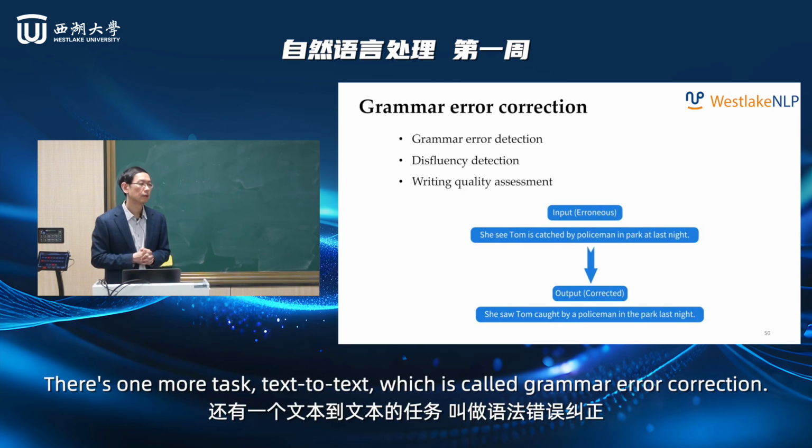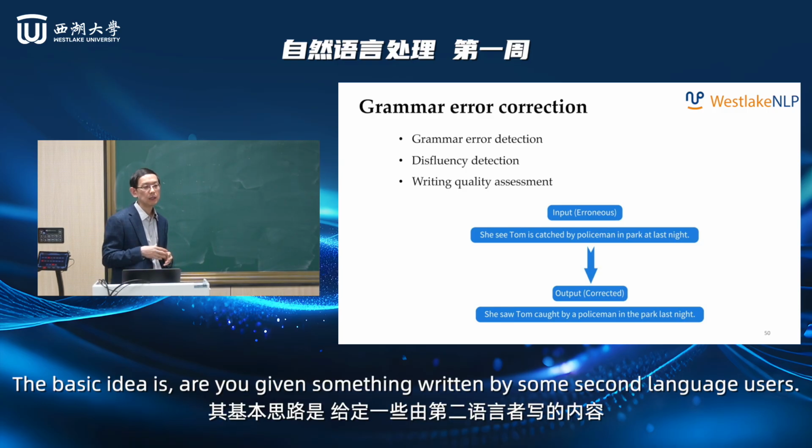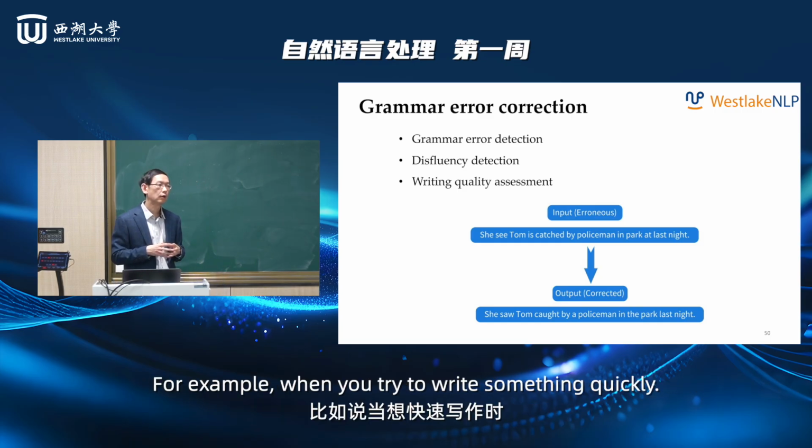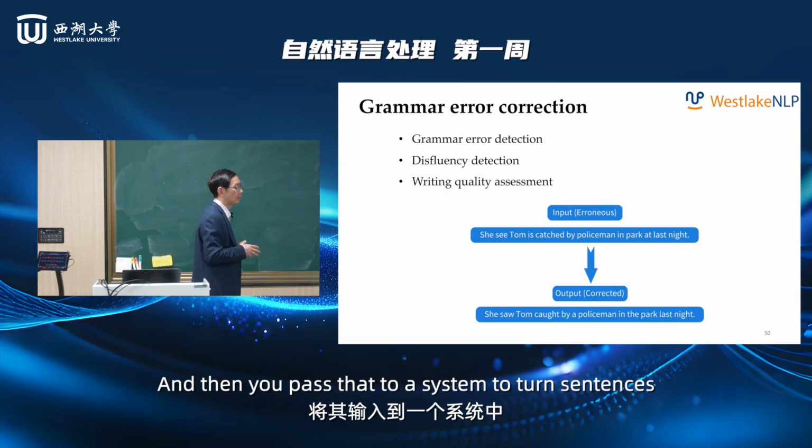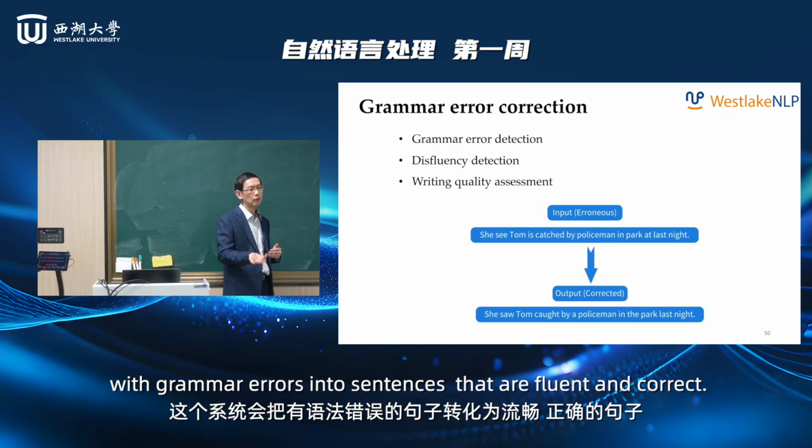There's one more text-to-text task, which is called grammar error correction. The basic idea is you're given something written by second language users, for example, or when you try to write something quickly, and then you pass that to a system to turn sentences with grammar errors into sentences that are fluent and correct.